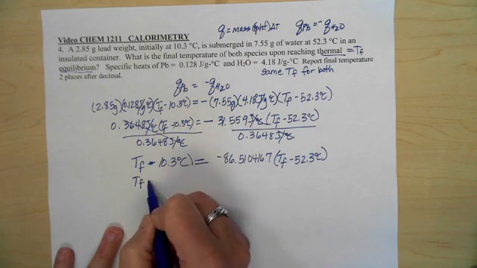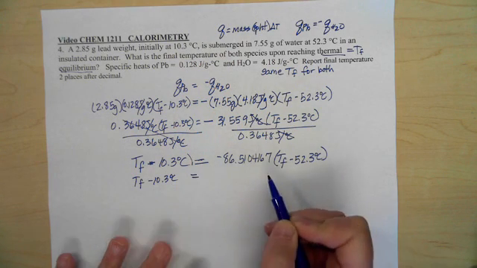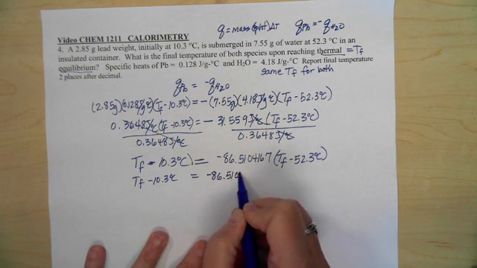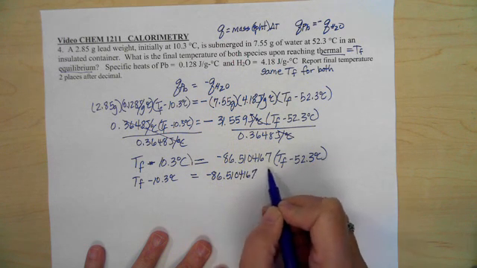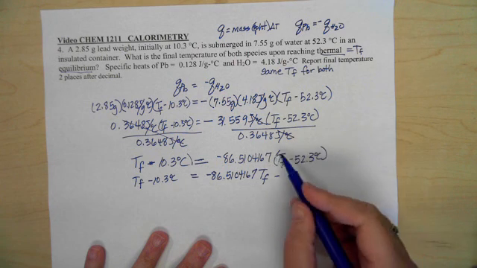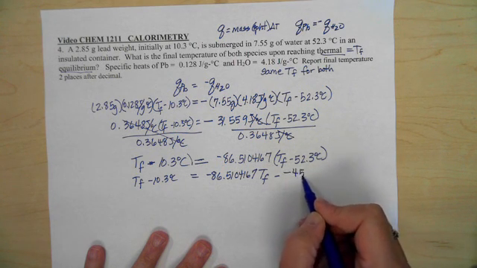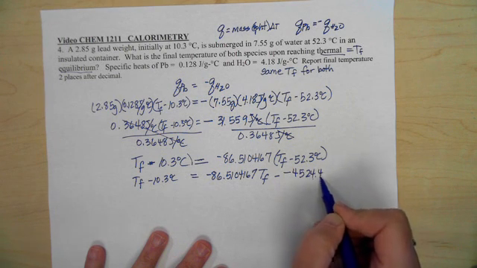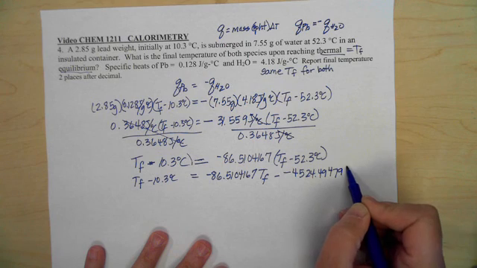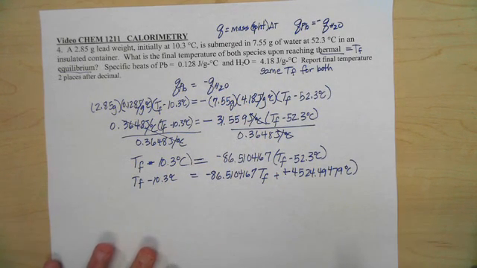So TF minus 10.3 degrees C is going to be equal to minus 86.5104167 TF minus 4524.49479 degrees C. Now, a minus on a minus becomes a plus.